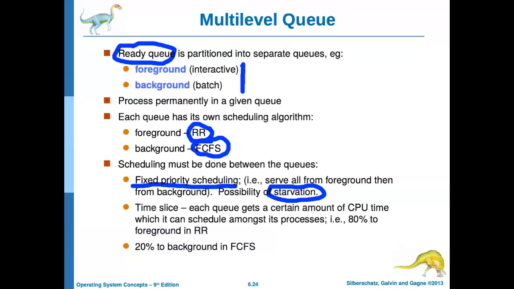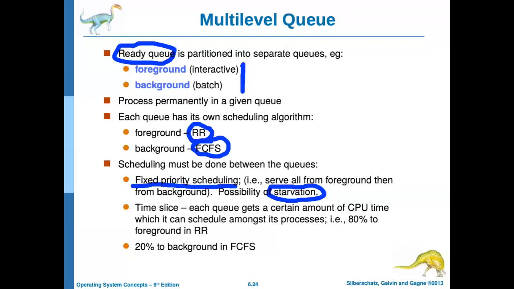One of the solutions we mentioned for that is aging, where as a process spends more time in the ready queue, per some time unit we increase the priority of the process. Increasing priority is like decreasing the number, and that aging policy will give a chance to that process.